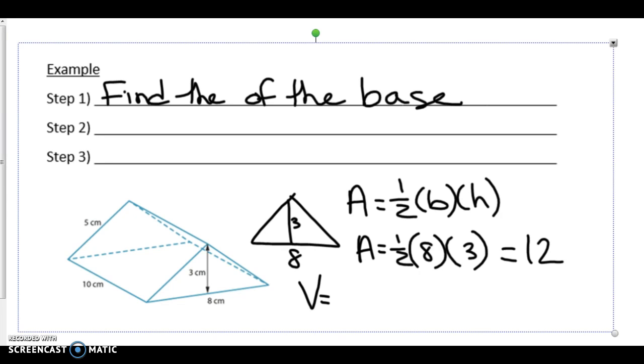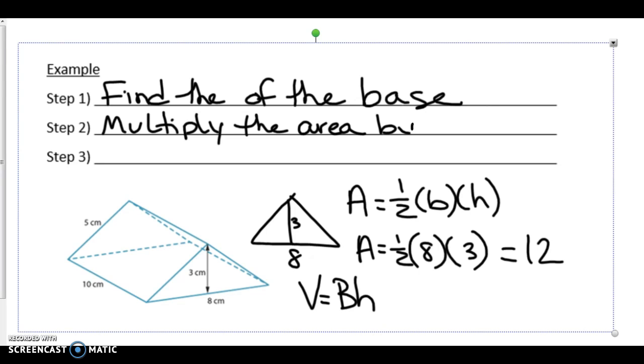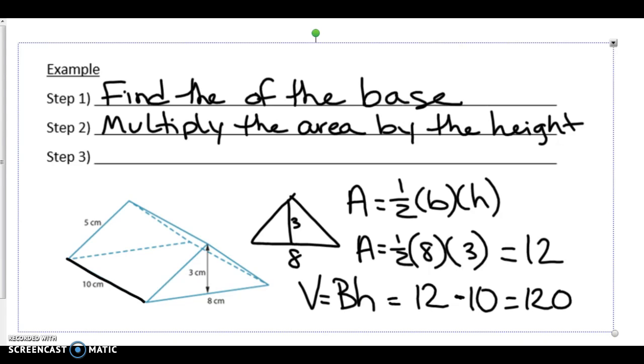I want to find the volume, though. So our next step is to multiply the area by the height. Okay, so the area was 12, and my height is this way. That's how long the prism is, 10. So when I multiply that together, I get 120.